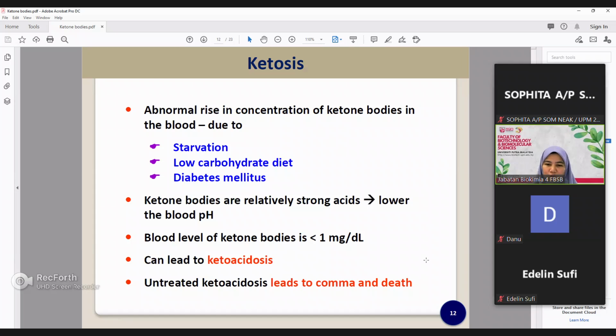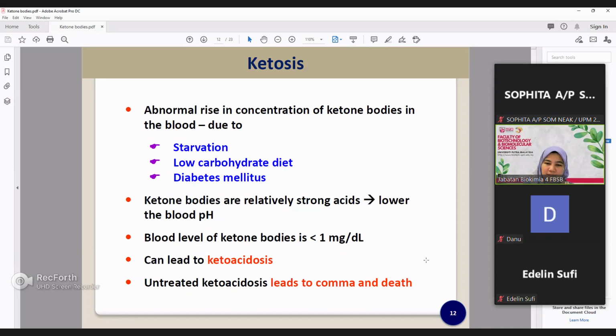Once it lowers the blood pH, it can lead to ketoacidosis, which is a very serious complication if it is untreated. Untreated means that maybe you decided to treat it your own way without understanding your condition.